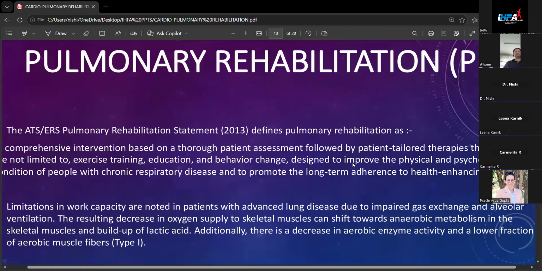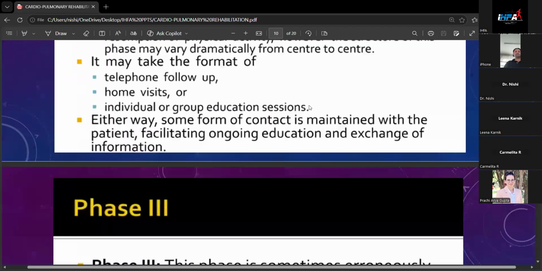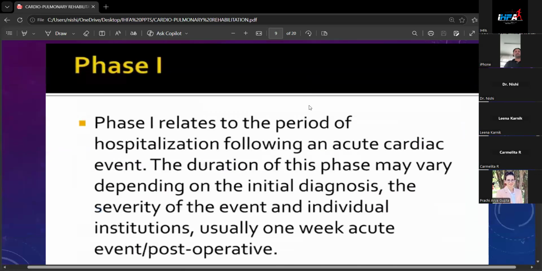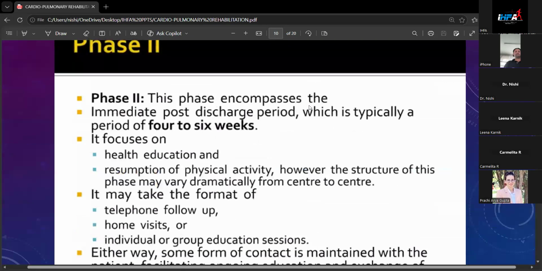Yes. do you think Ma'am, you can share your screen like from phase 1, phase 2, phase 3? Just like just for like a 5 seconds like each. Or it's yeah. This is phase 1. This is phase 2.